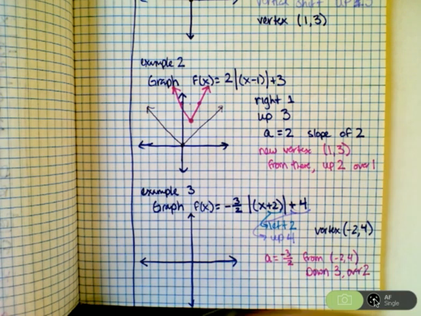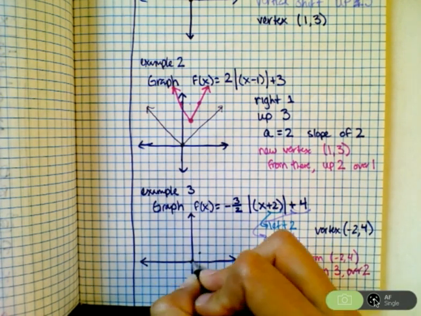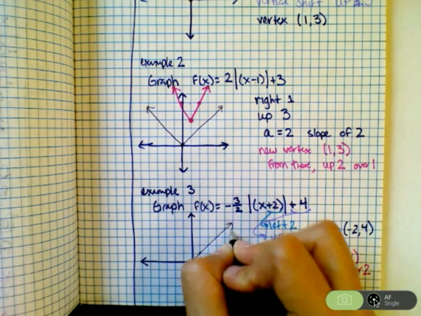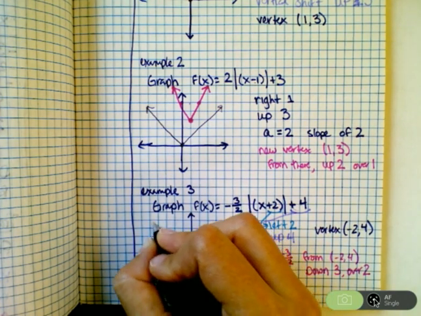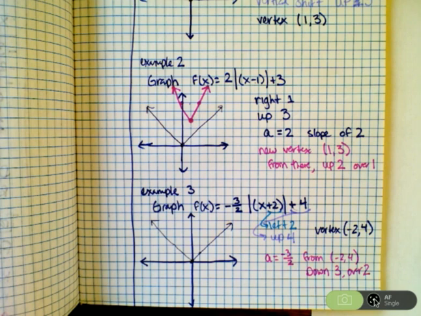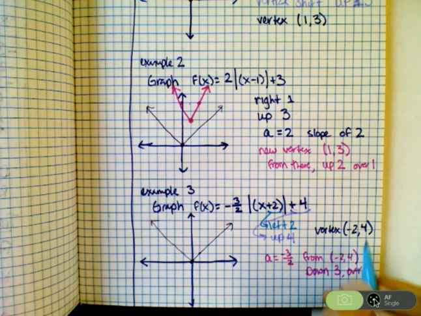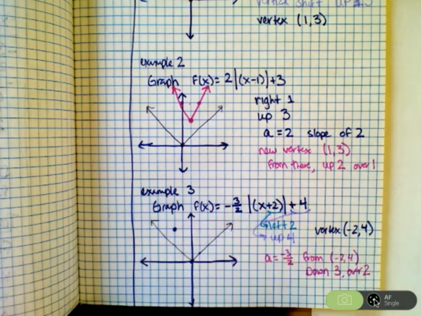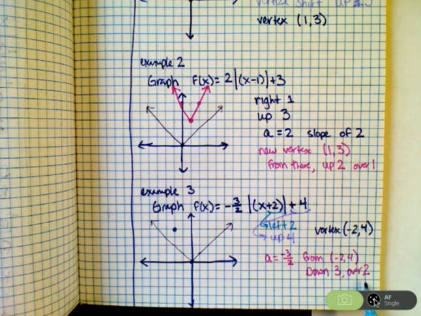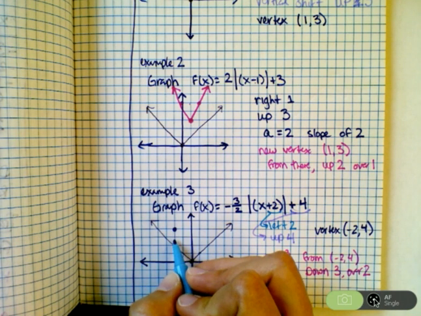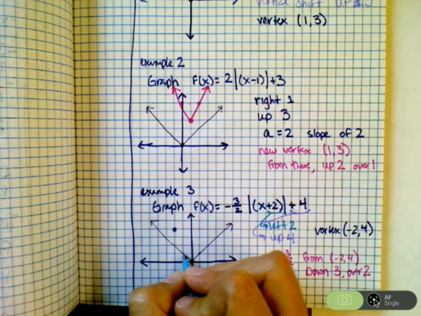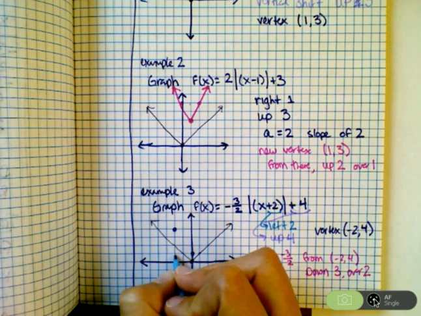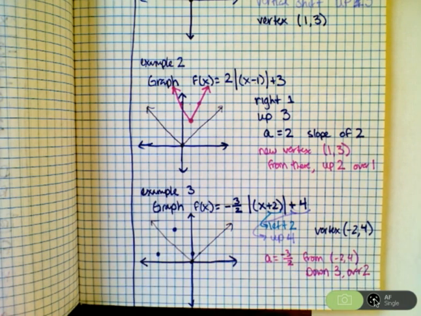So let's look at what that looks like. Point, point, original function, the absolute value function. Now I need the new one. So for the new one, I'm going to go to negative 2, 4, and I'm going to put a point. And then from that negative 2, 4, I'm going to go down 3 and over 2 in both directions. Down 3 over 2, down 3 over 2.